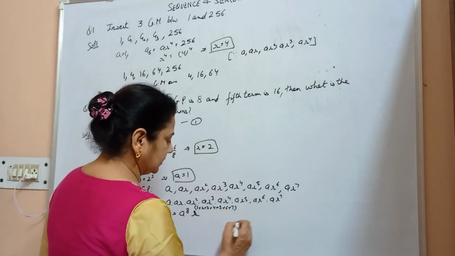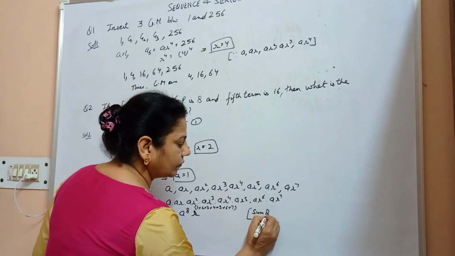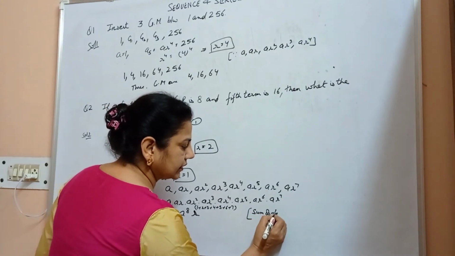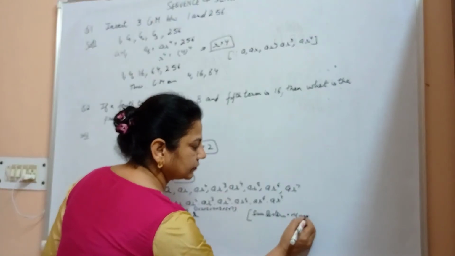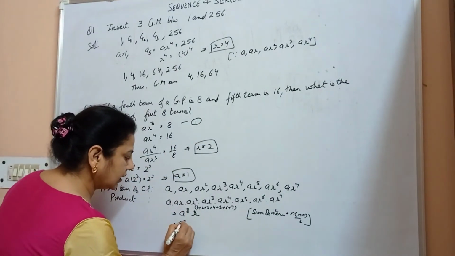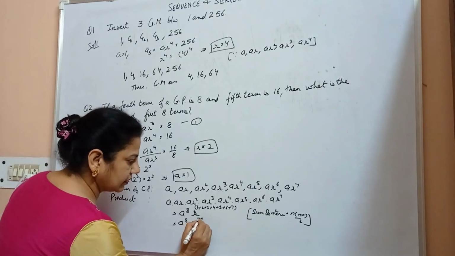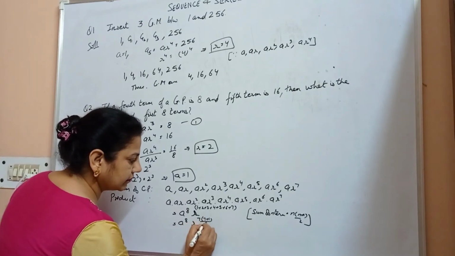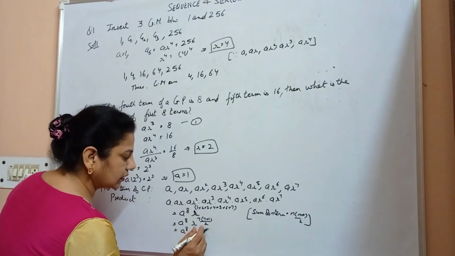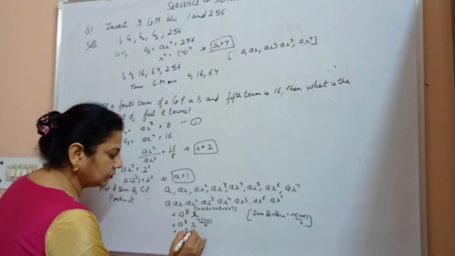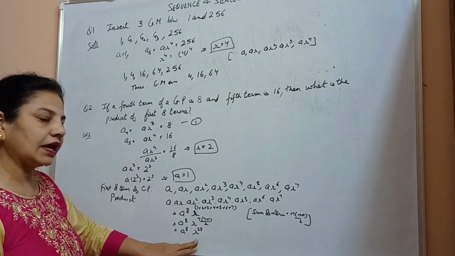So we know that the sum of the first n terms is given as n into n plus 1 by 2. Therefore, we have A to the power 8 R to the power 7 into 7 plus 1 divided by 2, which is equal to A to the power 8 R to the power 28, since 56 divided by 2 is 28. Now substitute the value of A and R here.